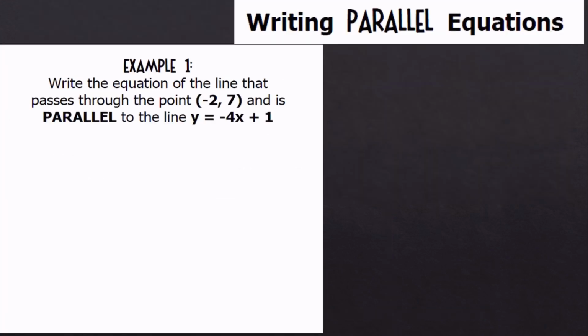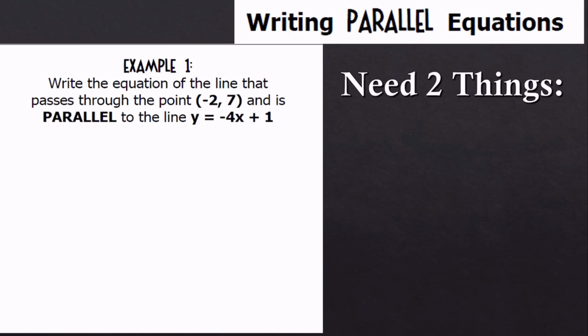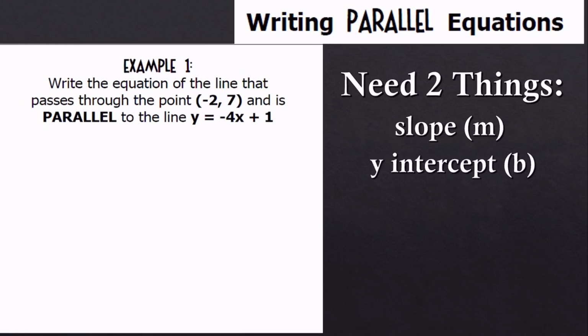So how does this work? All right. This problem says we're going to write a line, but we need two things to write an equation of a line. We need a slope and we need a y-intercept. So if my job is to write an equation of a line that passes through the point -2, 7, that means the equation of the line I'm going to write has -2, 7 as a solution to it.